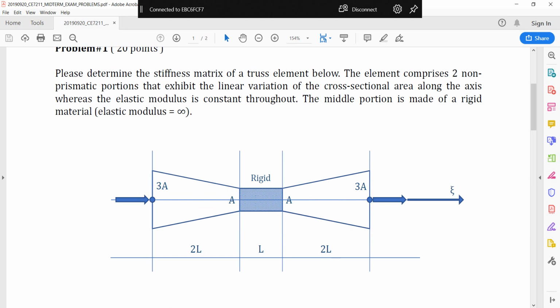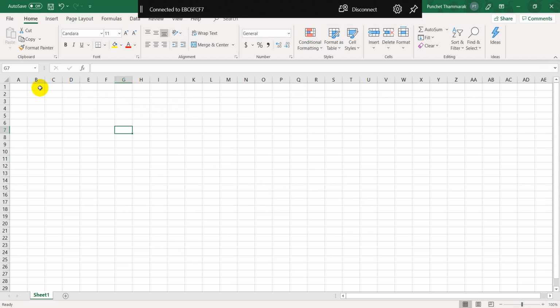So let's do it together. I will look at this as one element, this as another element, and this link ties up your degrees of freedom, because if this moves 1 unit, this is going to move 1 unit as well. So okay, problem 1.